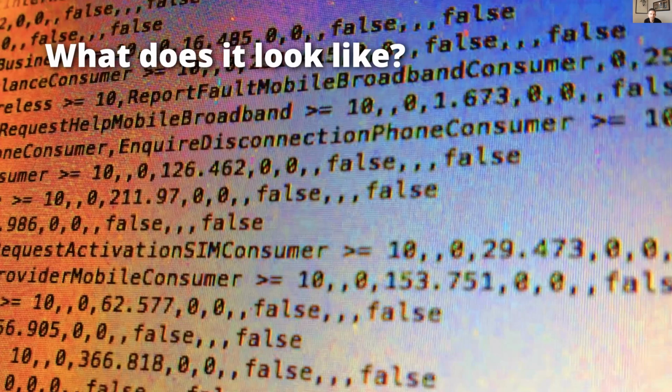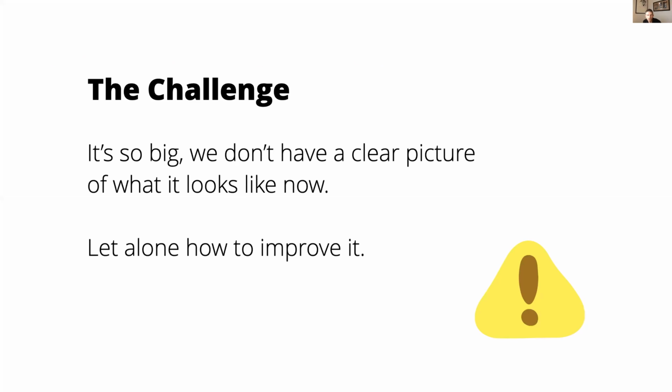One of the challenges here is that if it was a bit smaller, maybe we could get a clear picture, but it's so big, it's hard to get a picture of what it's like now, let alone how we might go about improving it. And so while we had some summary statistics, we wanted to get a better view of what was happening at a granular level, or at a raw level, to understand how we might go about improving this call center.